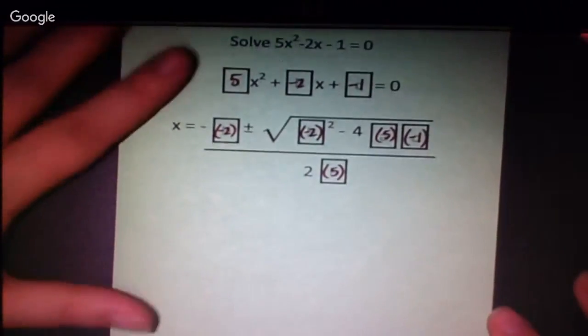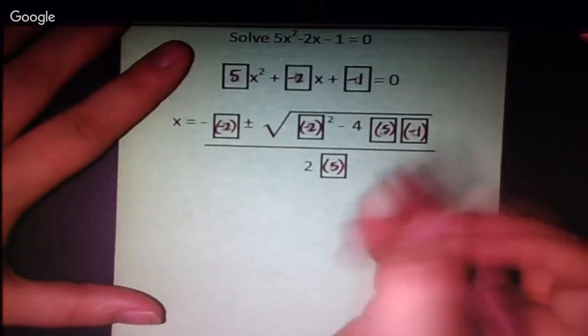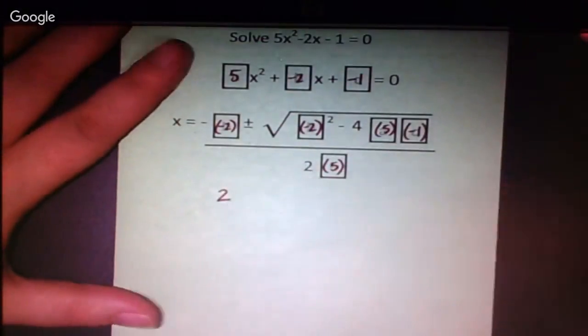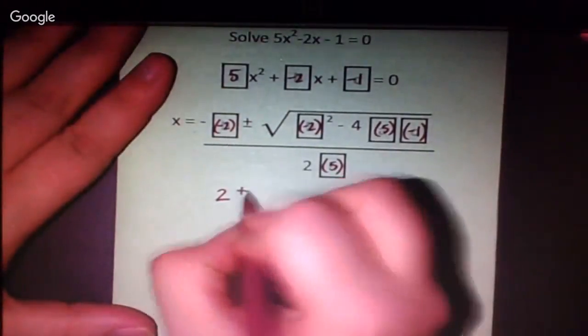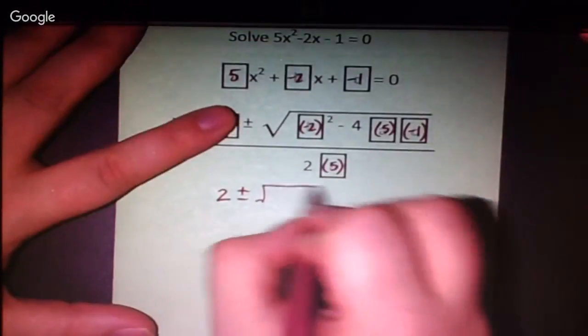And your first B value turns to a positive. Okay. So Rebecca says my -2 becomes a positive. Plus or minus the square root.